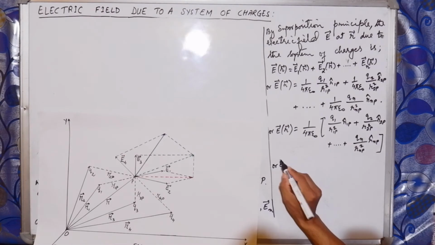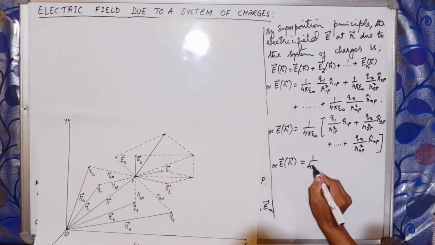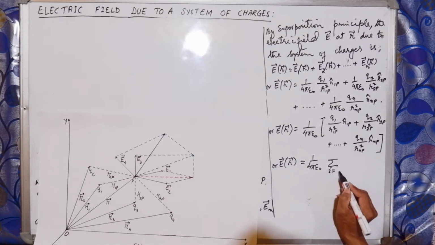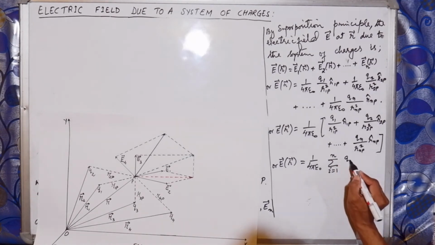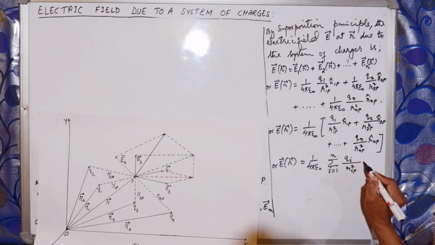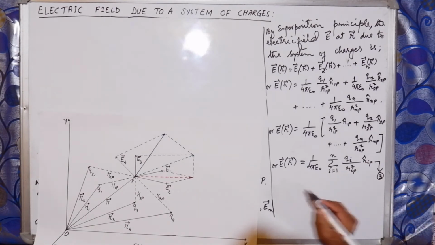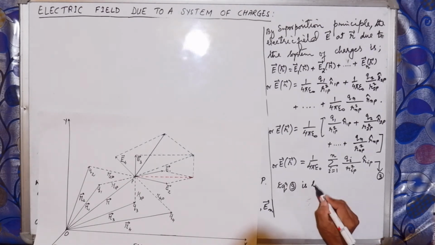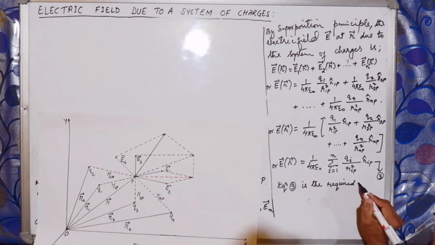Or E vector r is equal to 1 by 4 pi epsilon naught, and in terms of summation, i equals 1 up to n, Qi by RiP square RiP cap. We name this as equation 3. Now equation 3 is the required equation.